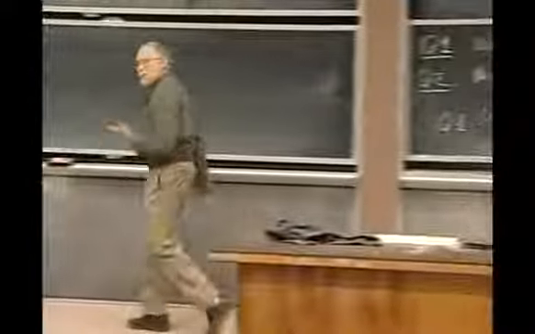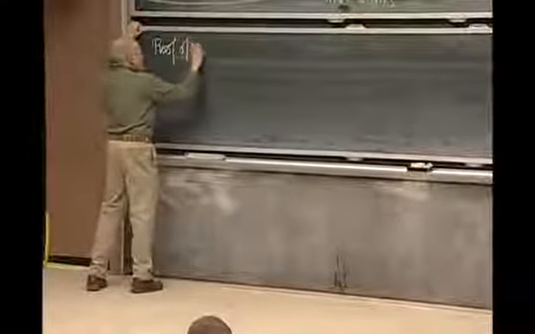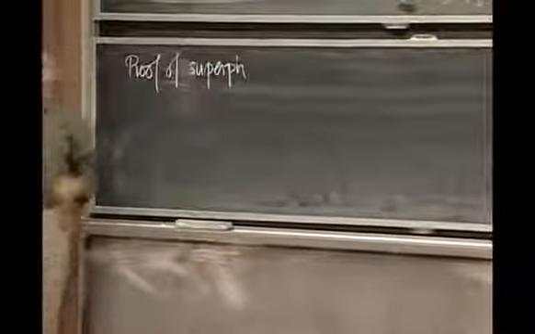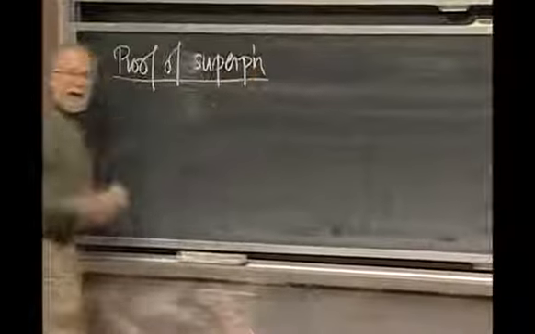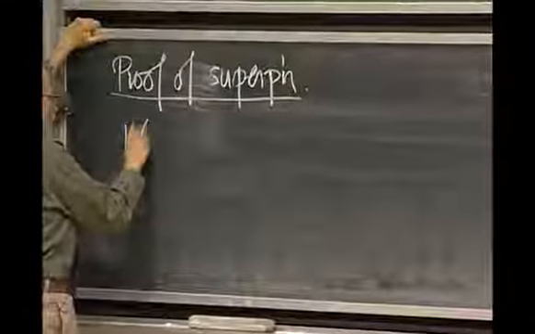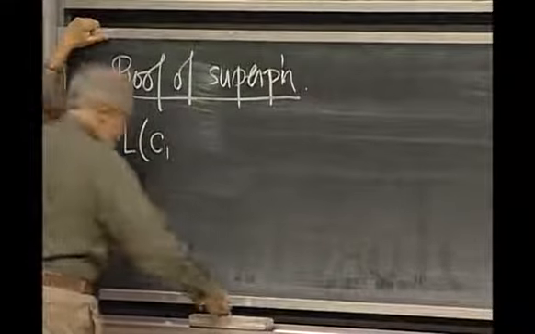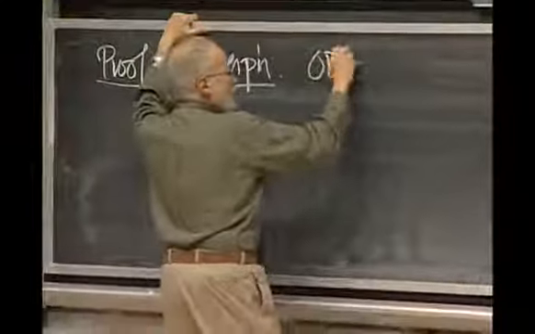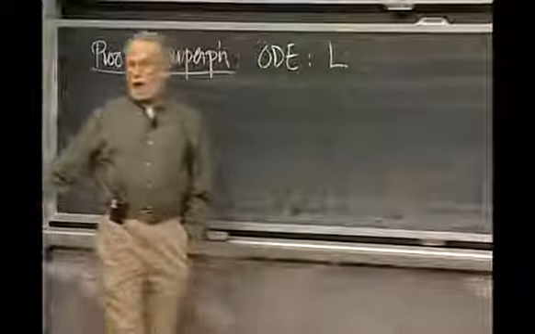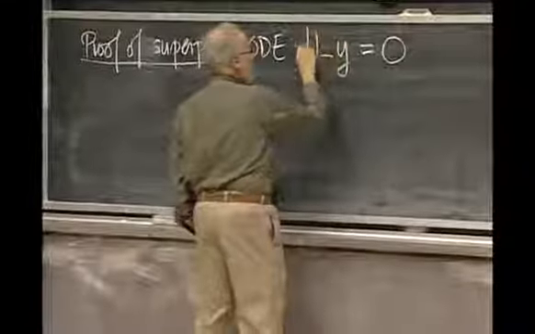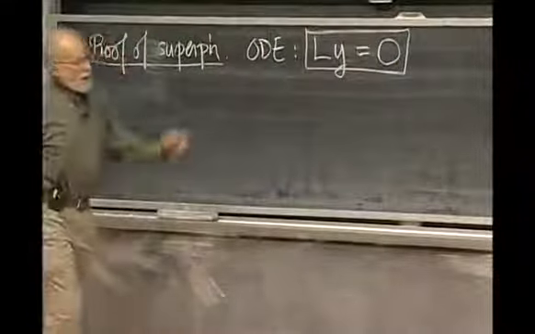So finally, what's the proof? Well, the proof of the superposition principle, if you believe that the operator is linear, then L of C1... in other words, the ODE is Ly equals 0, where L is D squared plus PD plus Q. And what am I being asked to prove?